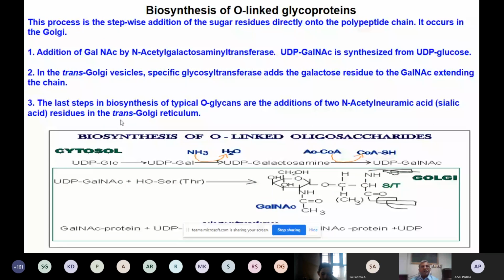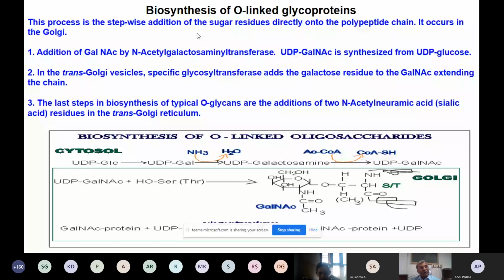The biosynthesis of O-linked glycoproteins is a stepwise addition of sugar residues to the serine or threonine in the polypeptide chain. Initially, from UDP, N-acetyl galactosamine is added, and you generate a monosaccharide unit on the protein molecule. Now, this is extended by addition of the second sugar, galactose, and this extension can be modified further.